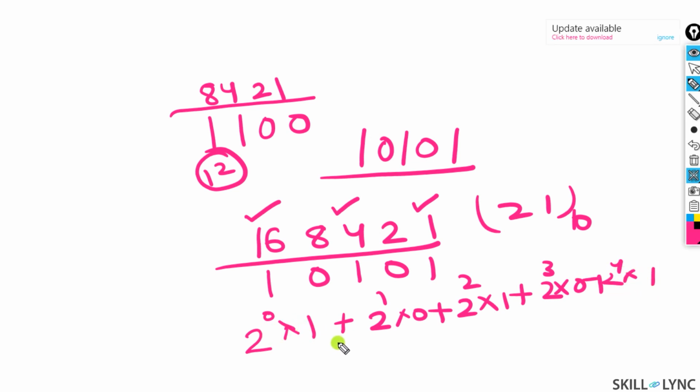Then again you will solve, you will see the answer will be 21 only. But it will take time. Whenever you go with 16, 8, 4, 2, 1, it will be much easier for you to find the answer. Whether it is a question of GATE or of some interviews or some MCQs, you can easily find it out.